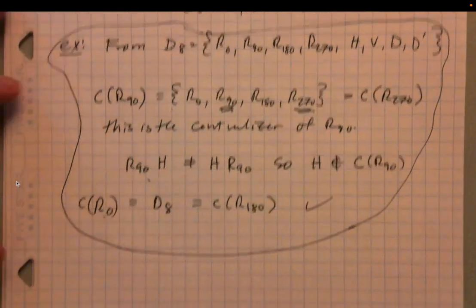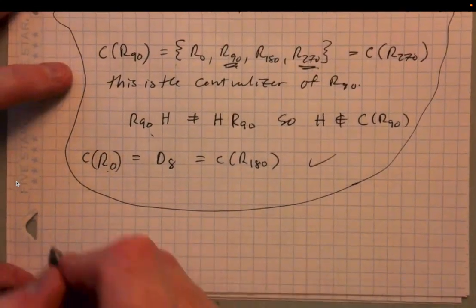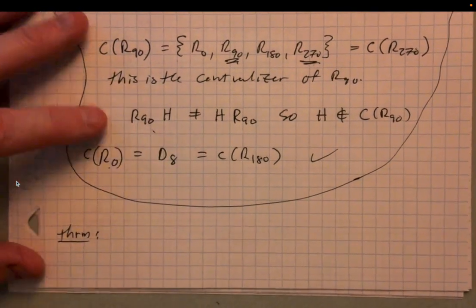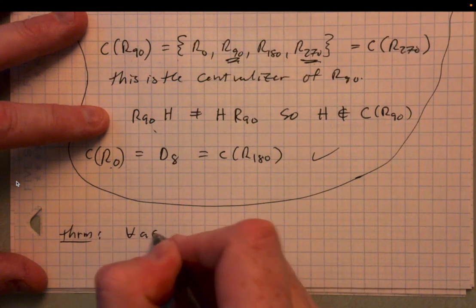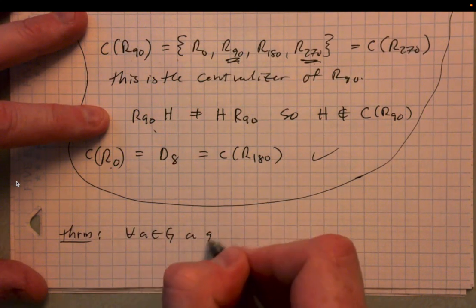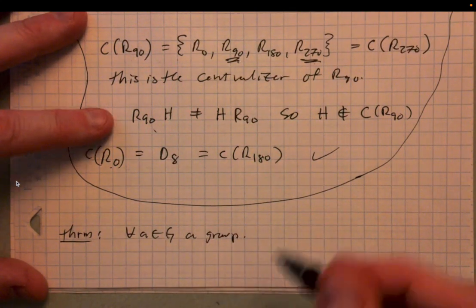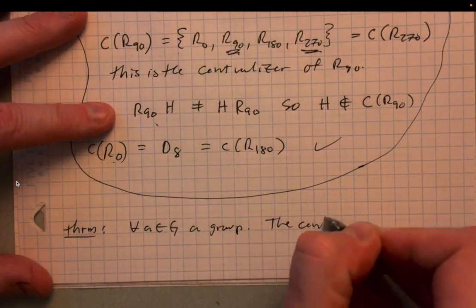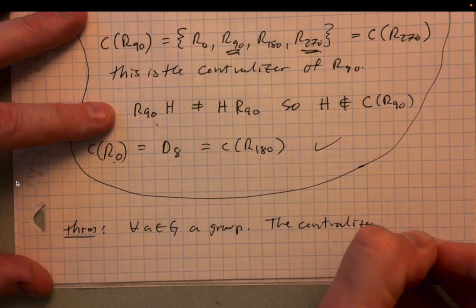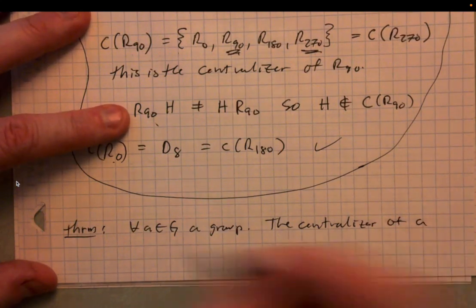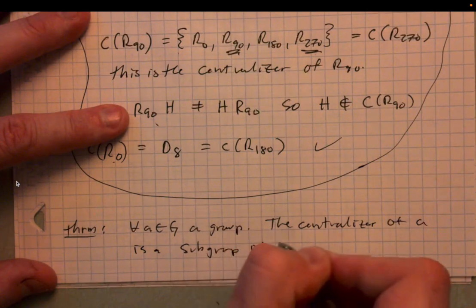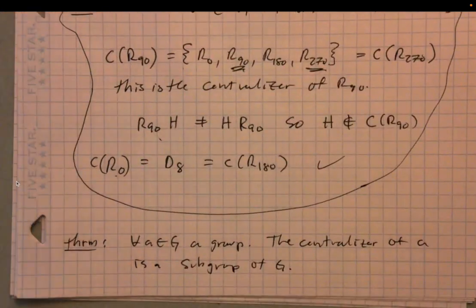I'm going to state without proof that the centralizers are all subgroups as well. For all A in a group G, the centralizer of A is a subgroup of G. So the centralizer is always a subgroup.